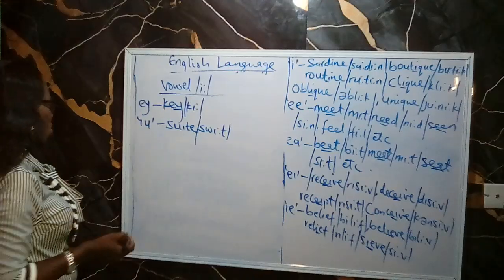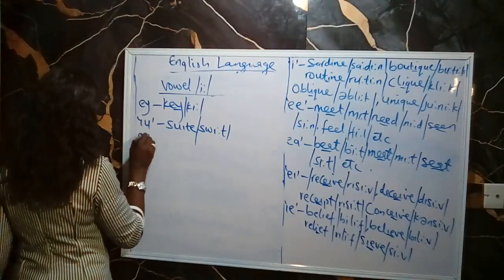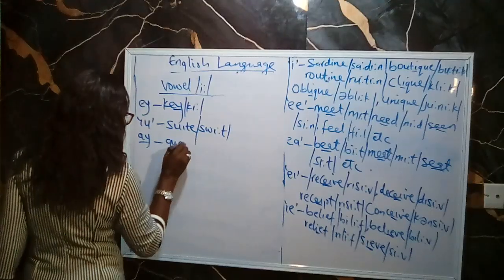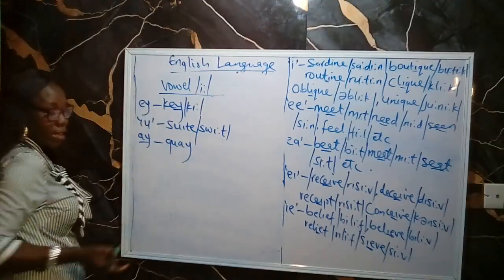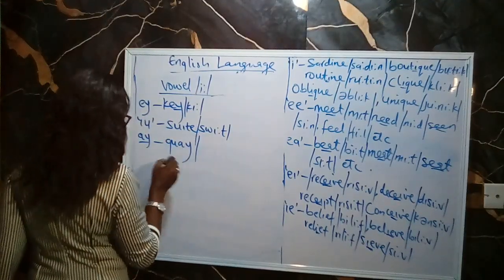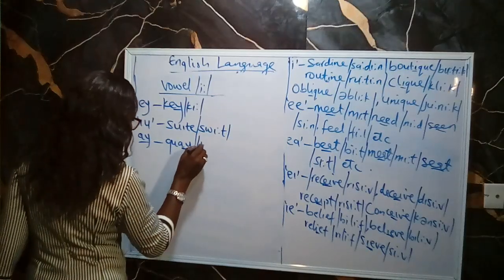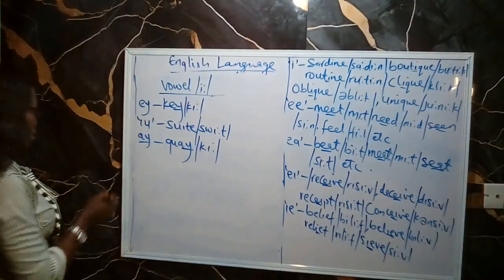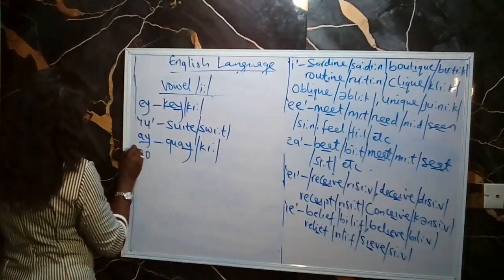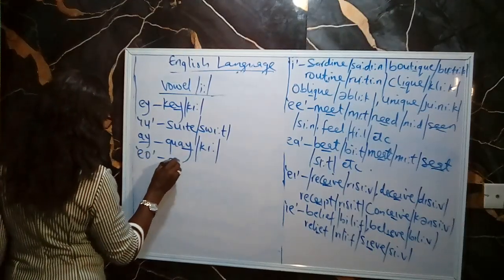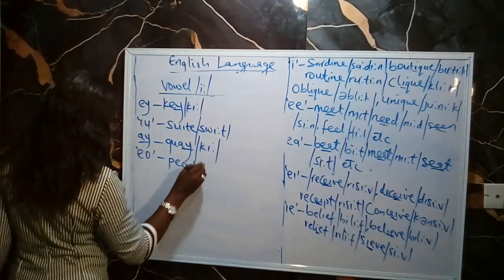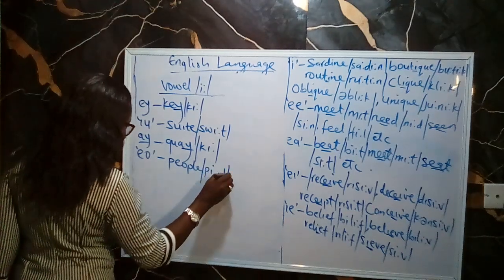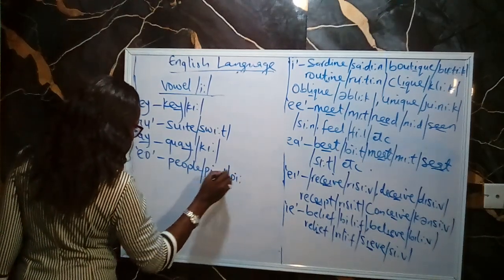You see it in AY, as in key. It's pronounced key, just like in KEY. Okay, you see it also in EO, as in people.